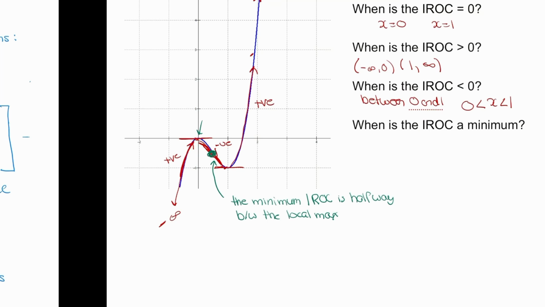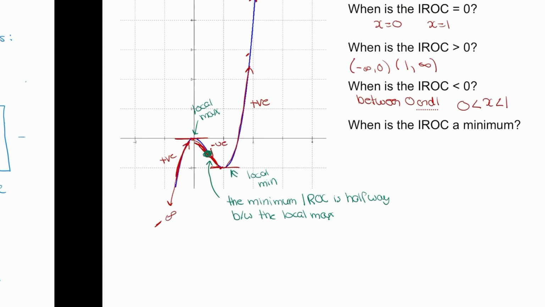Here's my local maximum. Here's my local min. And the minimum instantaneous rate of change is halfway between the local max and the local min, which puts it at 0.5, 0.5.